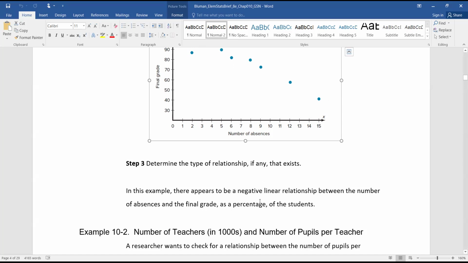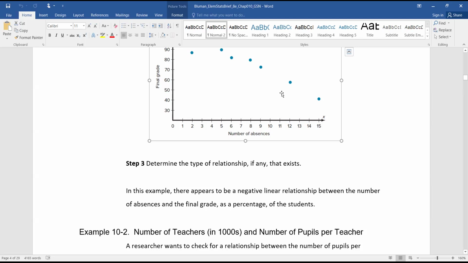So therefore I can see that it's definitely a negative linear relationship between the number of absences and the final grade as a percentage of the student, which logically makes sense. The more you miss, most likely the lower your grade. Now, is it 100%? No, because there were some that did pretty high and still missed quite a bit. All right. So that's one that's kind of done for us.